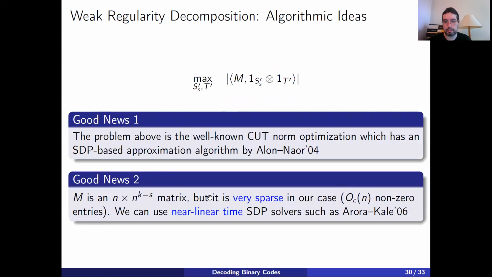And another thing that's not evident from what we have discussed is that this matrix M is going to be quite sparse. So even though it potentially lives in this large space, the number of non-zero entries is only linear. And we can now use sparse SDP solvers that take advantage of that to run in near linear time, such as Arora and Kale. So that's precisely what we're going to do.